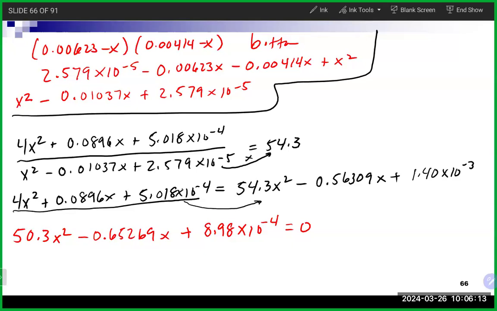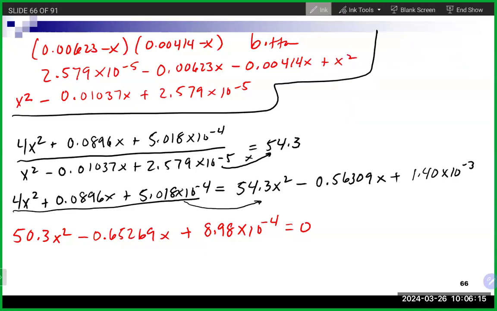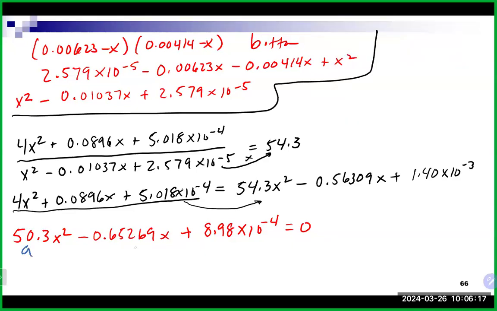All right. I believe now we have, hopefully, some type of A, B, and C. We'll hope they're the right ones there. All right. Now we are ready to roll into our quadratic, which, if you haven't given up on this problem yet, will be something like 0.65269 plus or minus the square root. I'm just going to clean up what's inside this square root first. So I'm going to go 0.65269 and square it.